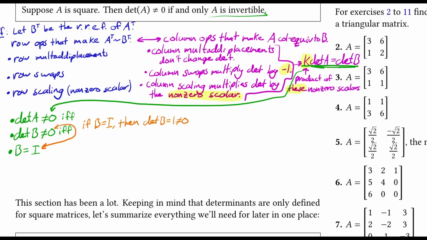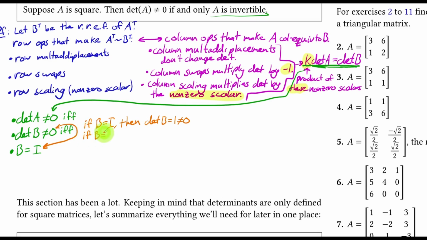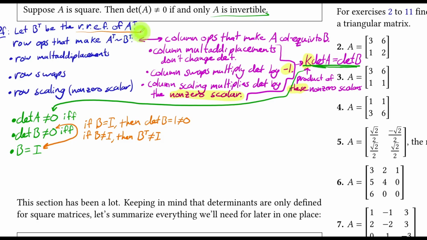Okay, what if B is not the identity matrix? Well, that means that B transpose is not the identity matrix, and B transpose is a reduced row echelon form matrix, and it's square, so that means it must have a row of all zeros.